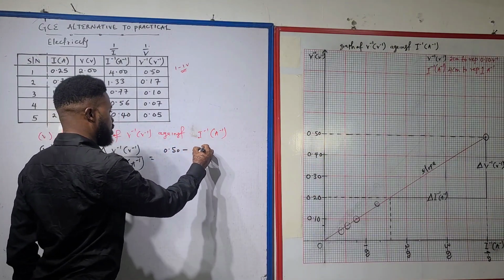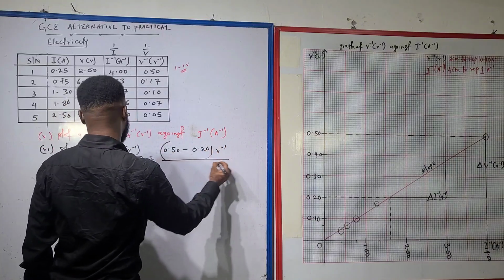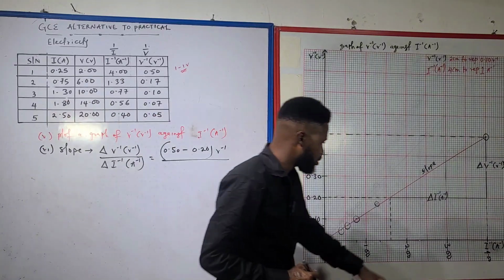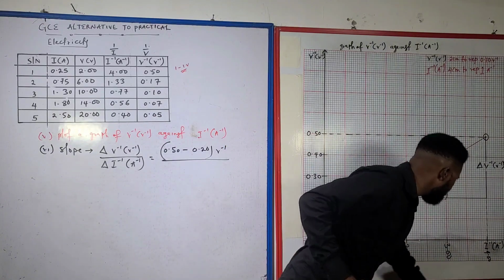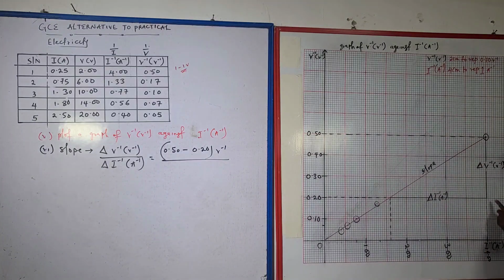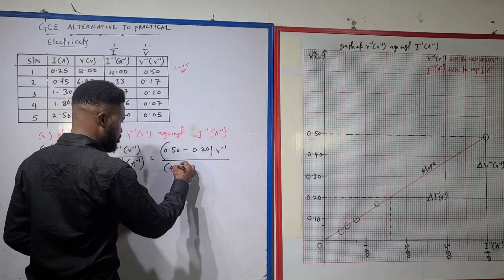Take out 0.20 all in per volt divided by my x2 here. If I look at it very well, this is 3, it ends on 4. So what I have is 4.00.